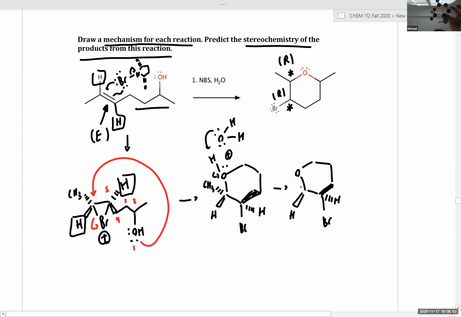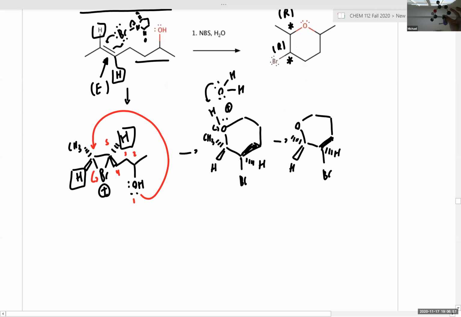So we're going to rotate our view of this molecule and draw the ring flat in the plane of the page, so our perspective matches the template.